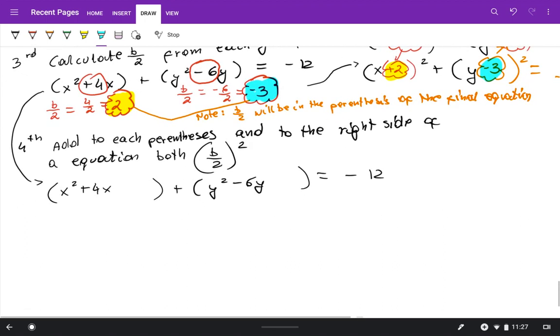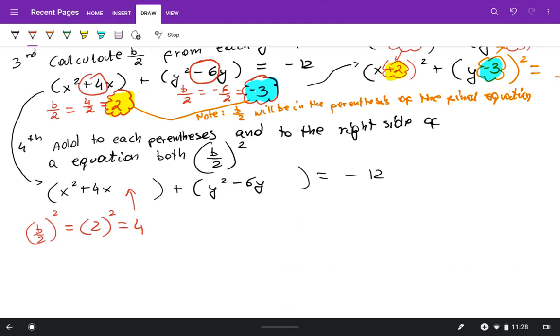Okay, next, add to each parenthesis and to the right side of the equation both b over 2 squared. So going back here, the b over 2 from the first group was equal to 2, but we need to square it. So 2 squared will give you 4. So I'm going to add that 4 to the first group.